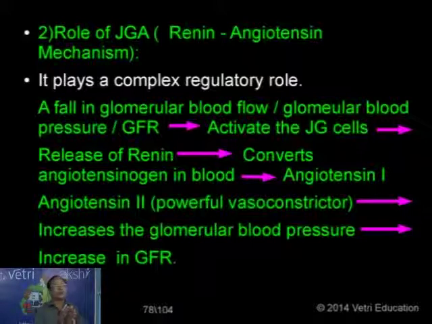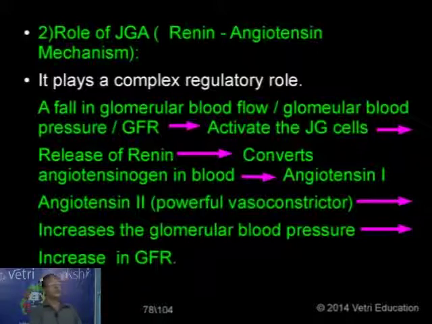Once the blood flow to the glomerulus decreases, we have a fall in blood pressure in the glomerular capillaries, and so also the glomerular filtration rate. So all are interrelated: fall in blood flow, then fall in blood pressure, and fall in glomerular filtration rate.